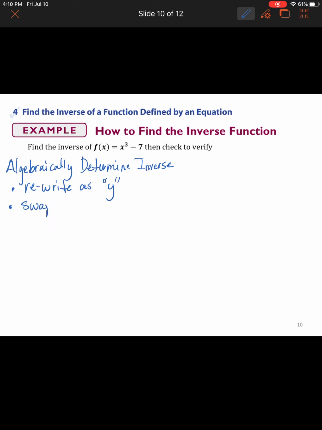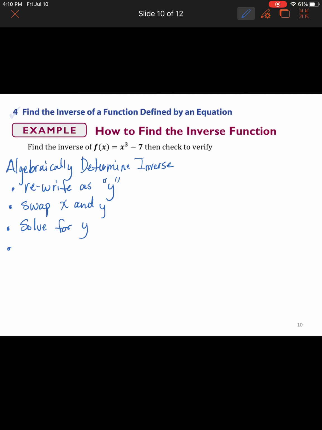Swap x and y. Solve for y. Once you get that y by itself, you have officially gotten your inverse.